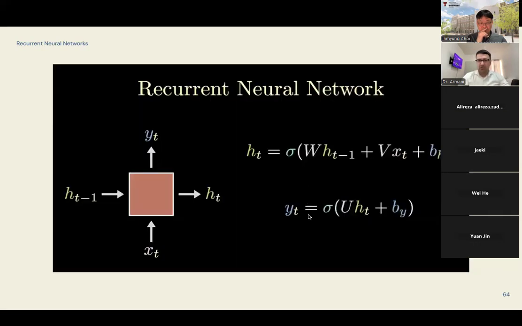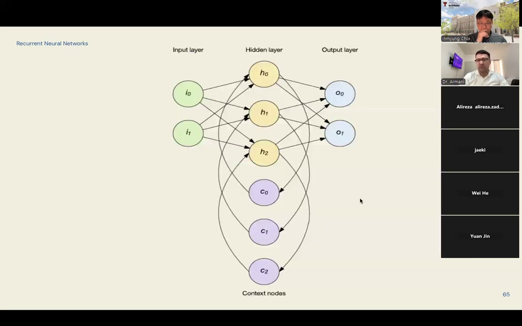So essentially, we have two functions. One function adjusts the hidden state, and by function, I mean the activation function and linear transformation, everything that we had before. And one function gives us the output. The output is a function of the hidden state as before. This picture shows it better.